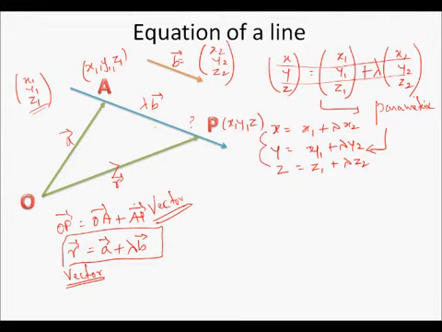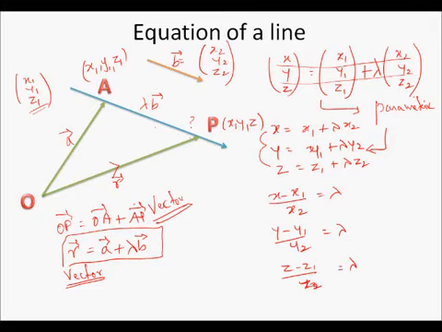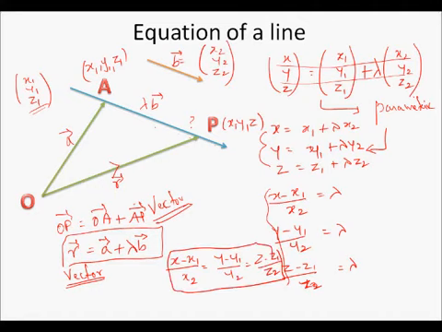From each of these you make lambda the subject, so x minus x1 over x2 is equal to lambda from the first, y minus y1 over y2 equals lambda, and z minus z1 over z2 equals lambda. If you write all three together, you get x minus x1 over x2 equals y minus y1 over y2 equals z minus z1 over z2, and this is called the Cartesian form of the equation of a line.